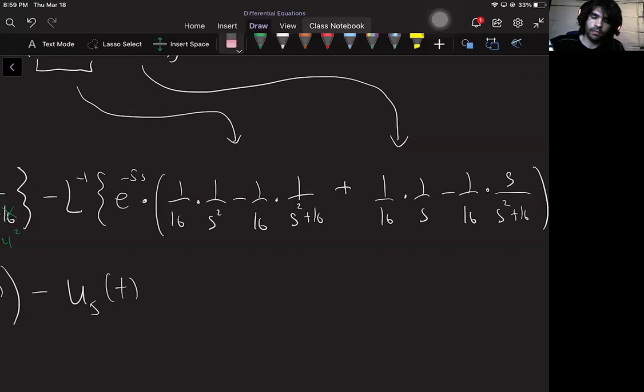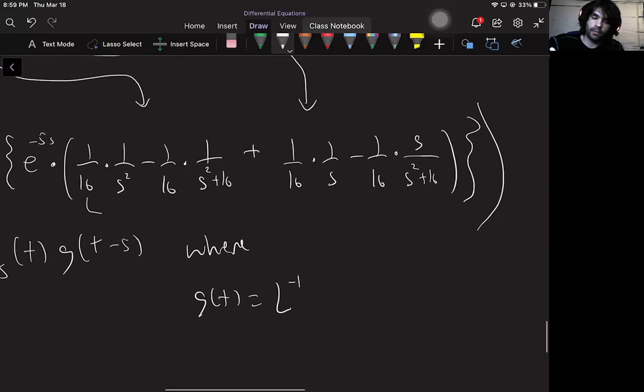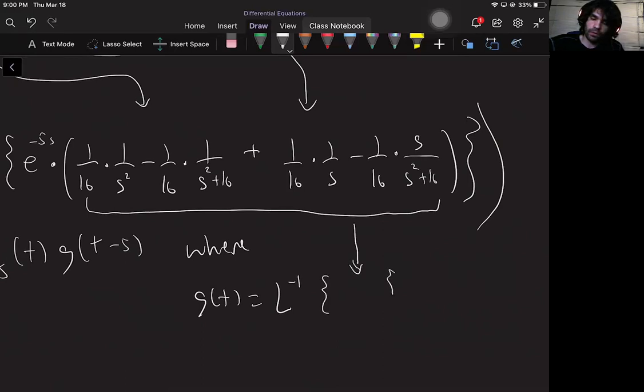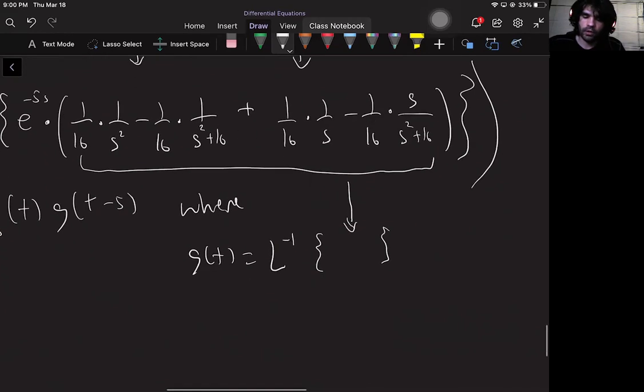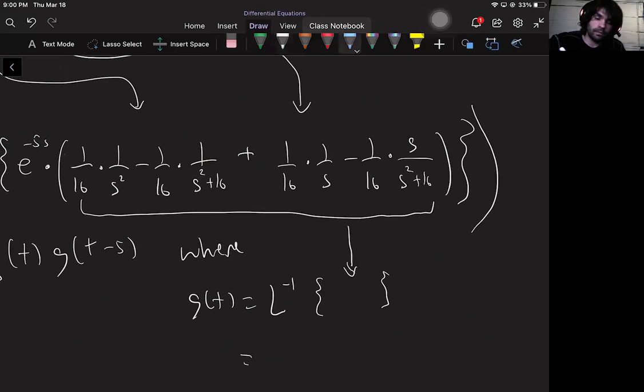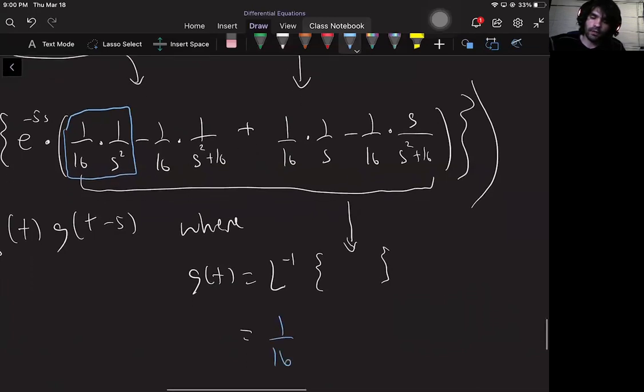Which I guess I can just call g of t shifted by 5, where g of t has the property that it is the inverse of all this stuff here. Okay, but we already wrote it in a form where it's easy to take the inverse Laplace transform. So starting from left to right, the inverse Laplace transform of that is take out the 1/16, 1/s squared just becomes t.